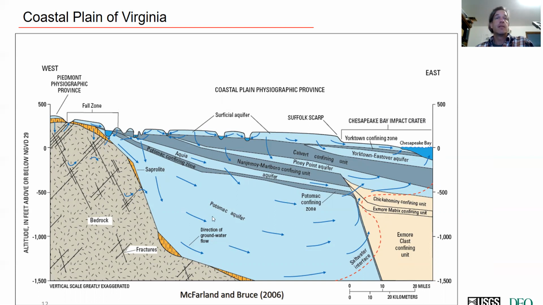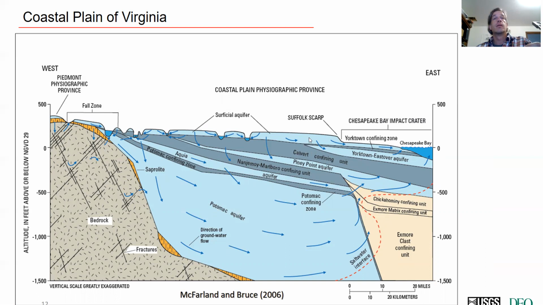At the base here, you have the Potomac Aquifer. The porous materials in the Potomac Aquifer are sands that were transported by ancient rivers. And then you migrate up through the Potomac confining zone into the Aquia. That's a marine type aquifer comprised of mainly marine sediments. Same with the Piney Point.